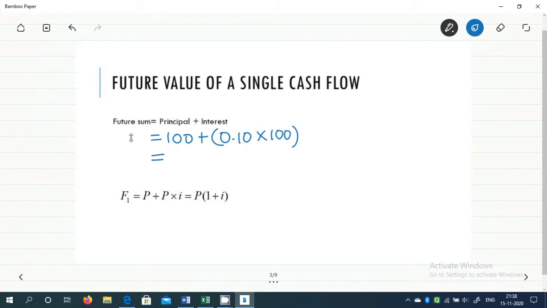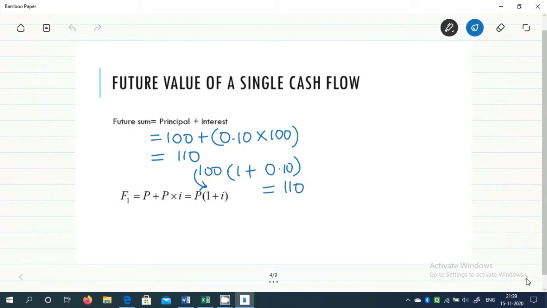We write future value F1 for the first year as principal plus principal into interest, which we can also write as P into 1 plus I. Here I can write 100 into 1 plus 0.10, and that amount will also come as 110 rupees.